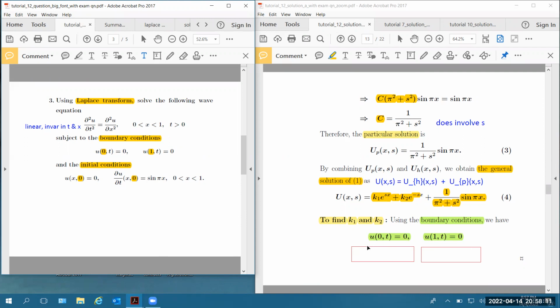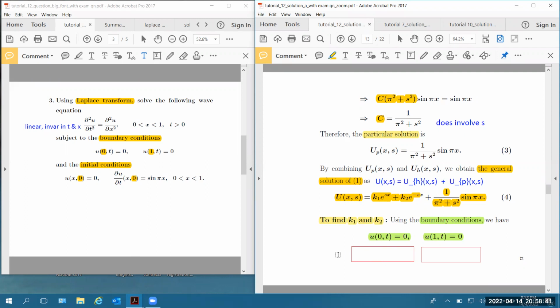When you want to use them, you realize that this one is a small u, u(0,t), whereas this one is a capital U(x,s). This one is a small u with x as some value and then t, so directly you cannot use it because they are different. We can't use it directly.